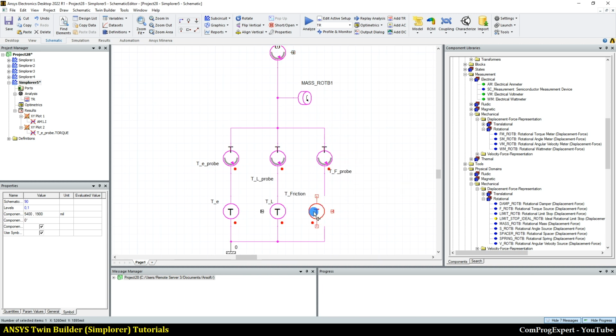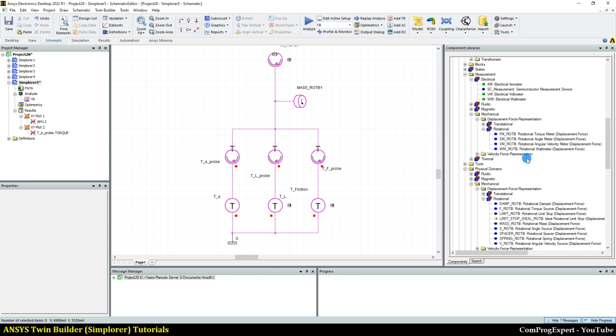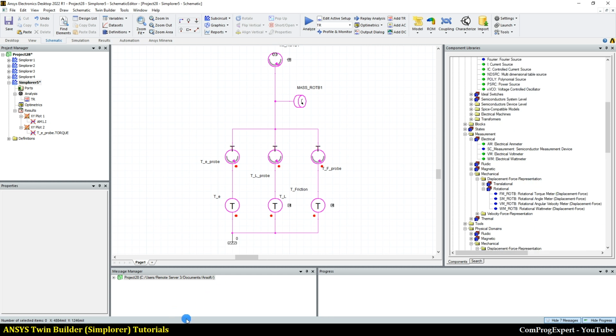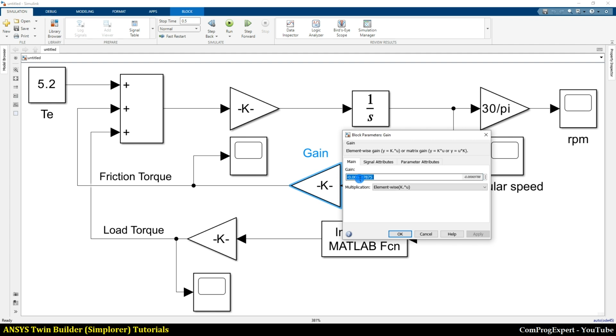Let me flip this and flip this. Okay, and here I am going to construct this friction torque. We should multiply the angular speed with this friction coefficient. So copy this number.